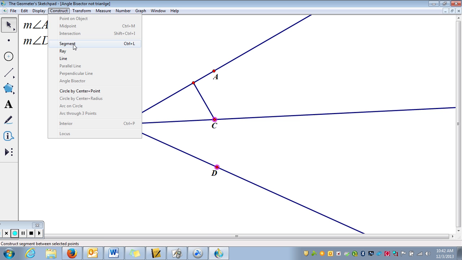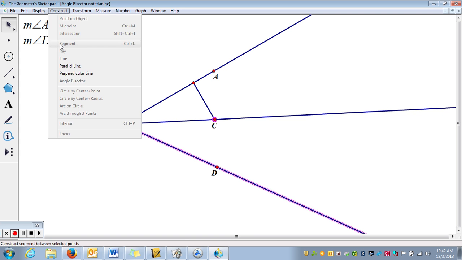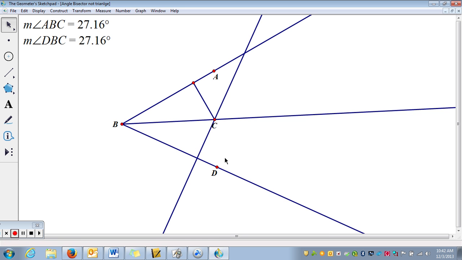So we're going to construct a perpendicular line. Find the intersection of them, and then I'm going to make a segment that goes between the points.